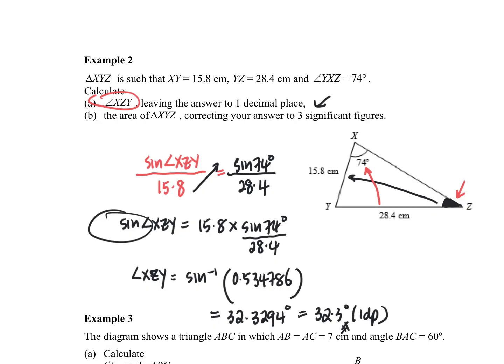Once you know the answer already, go and quickly write it down. Once you know this, how can you find the area of this triangle? You need a letter V where you know the length of the two arms and the angle in between. So which letter V can you use?